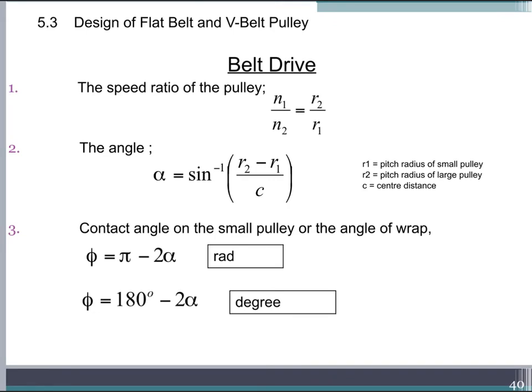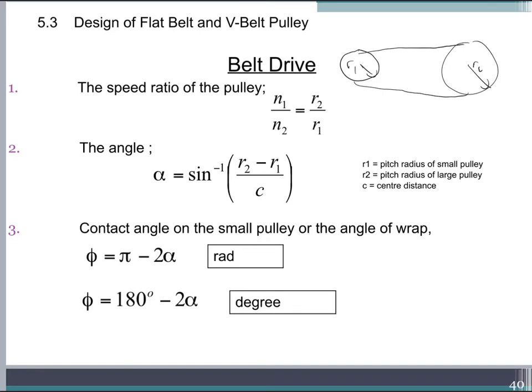Let's say we have two pulleys, and this is the small pulley, and this is the large pulley, connected by a belt.